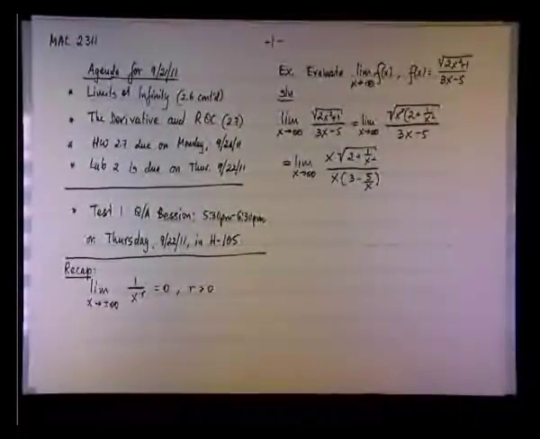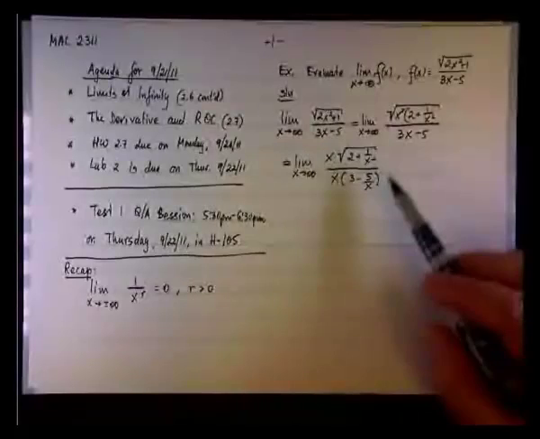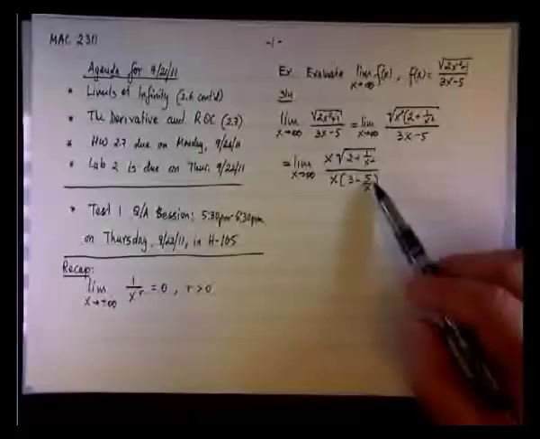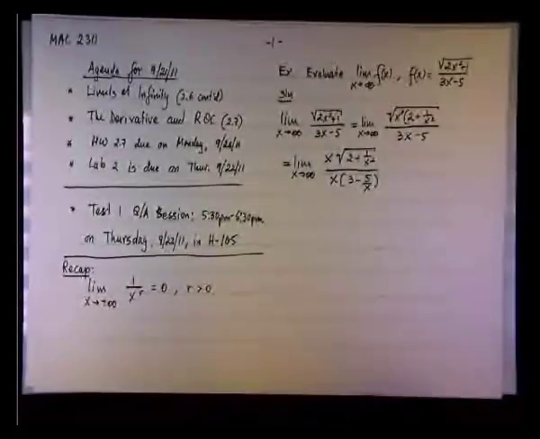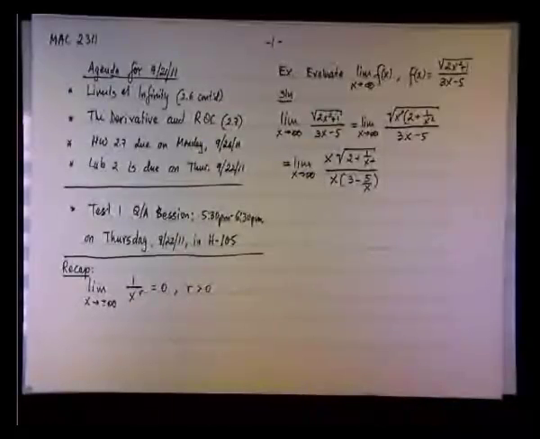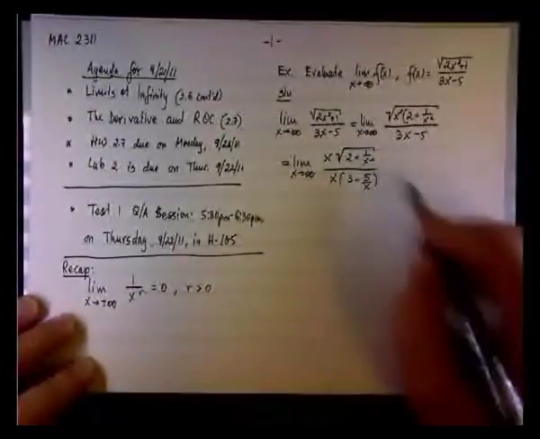Okay? Now, you can see that this is really a favorable way to write it, because the limit of 1 over x squared is 0, as well as the limit of 5 over x, because we are using the fact that the limit of 1 over x to the power of r is 0. So x, of course, are being reduced.